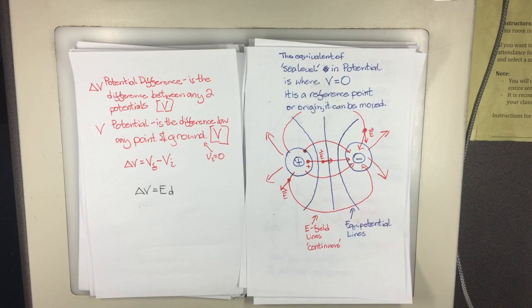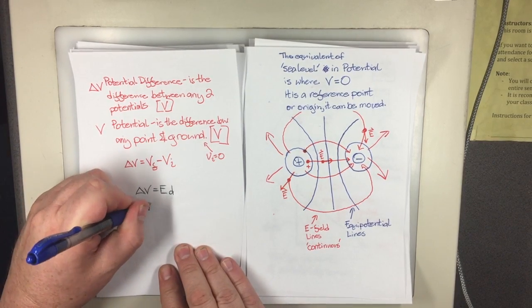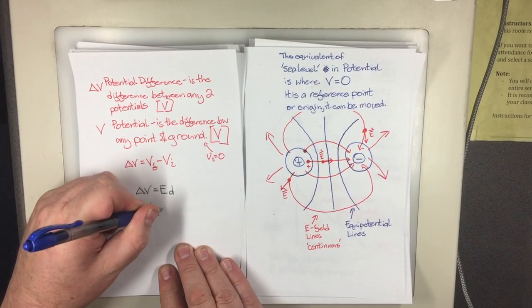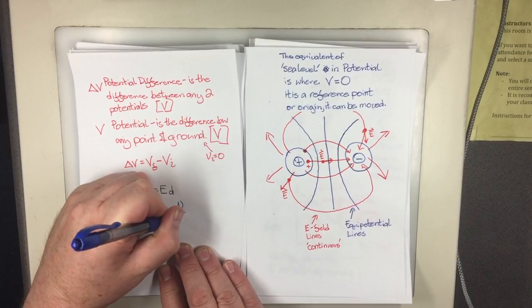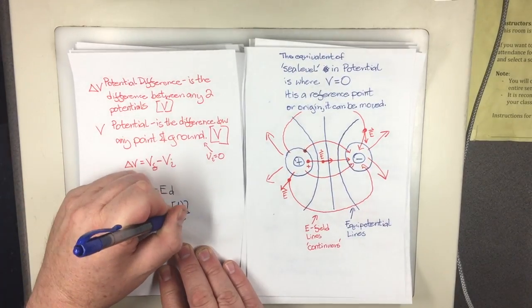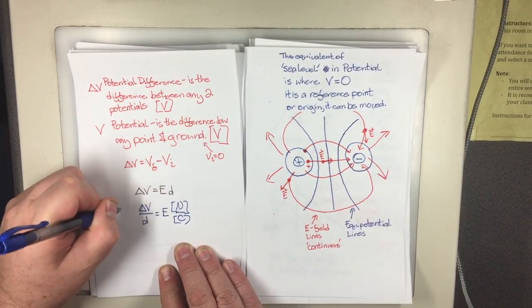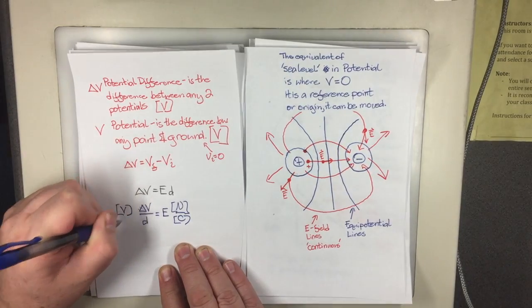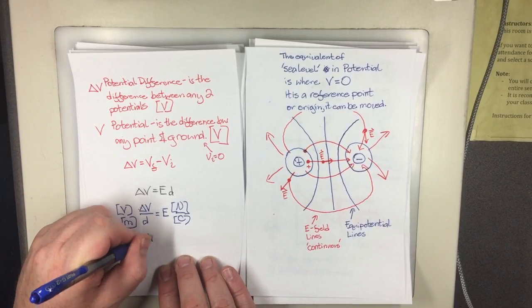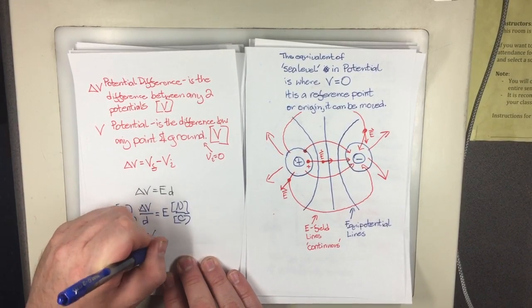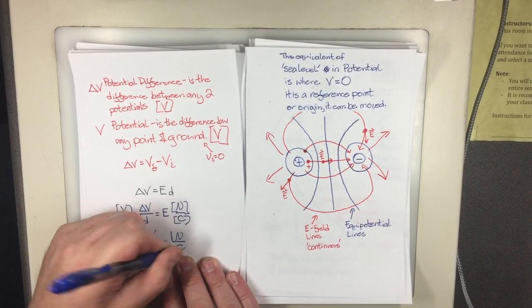That is the equation that you're going to use the most in this experiment. You can rewrite this equation to be delta V divided by D is equal to E. So an electric field is newtons per coulomb. Delta V is in volts, D is in meters. So you can have the equivalent that 1 volt per meter is equal to 1 newton per coulomb.